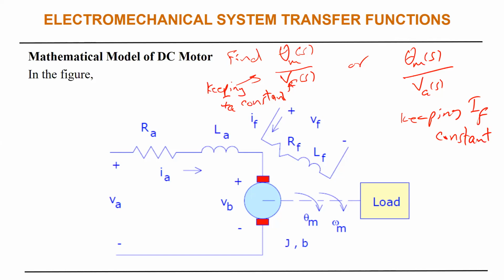Those two fields will interact with each other. So it's not a transformer, no. But wouldn't that vary IA as well? This induced current? As I said, in this case we are varying one at a time. We can vary both, and you will get a relationship between them, but the relationship between theta and VF and VA is going to be a nonlinear relationship.